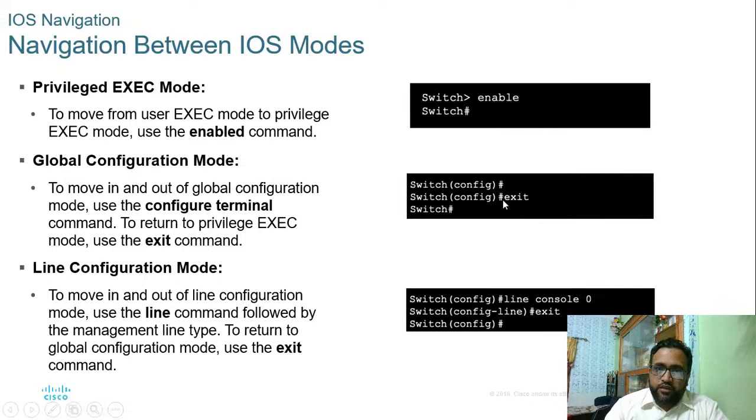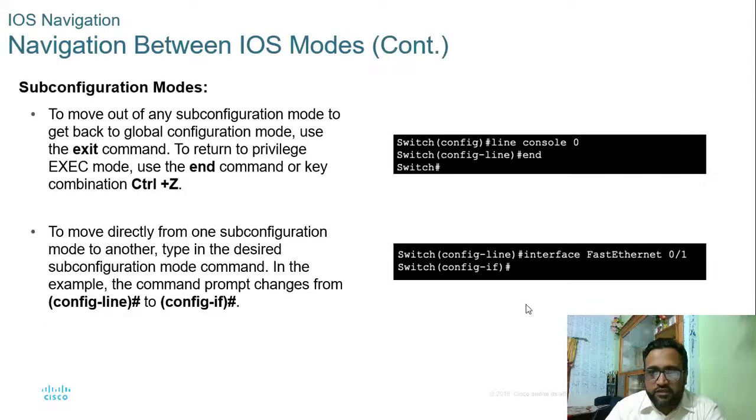If we type the command configure terminal, we move from privileged mode into the global configuration mode. If we type exit, we move back towards the previous mode. If we type the command line console 0, we move from global configuration into the line configuration mode. So these are different commands we will use when we configure our devices.